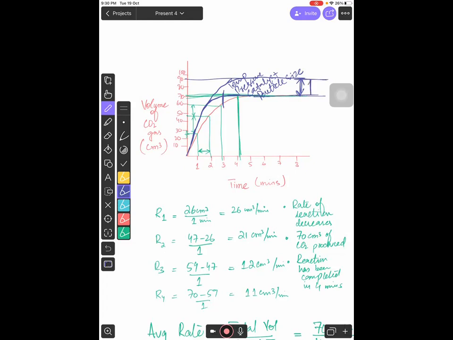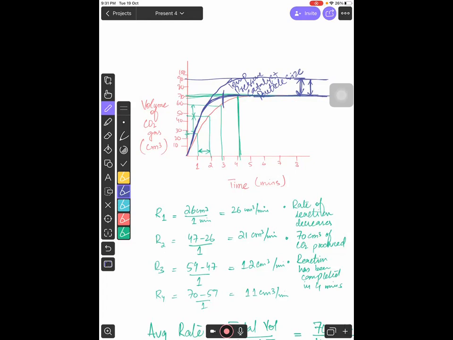This is the effect of changing concentration, not any other effect. If you change pressure, temperature, catalyst or particle size, it will give you the same amount of gas, but the reaction will be a little faster, or steeper in the graph, right?